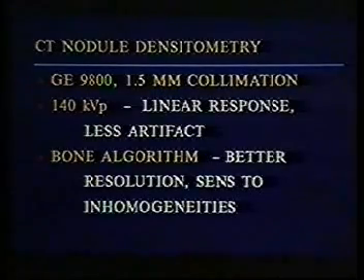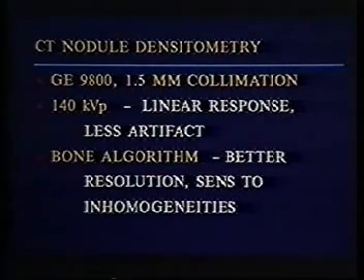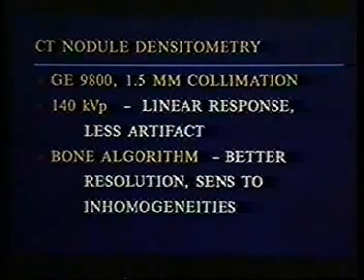We use 140 kVp because it has a good linear response to calcium concentration and less artifact. We use the bone algorithm to reconstruct the images because of better resolution. And again, the features that we will use to diagnose a nodule as benign.